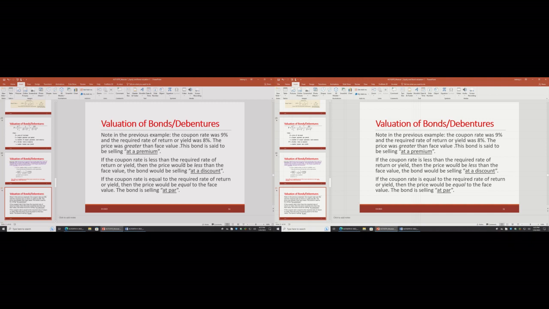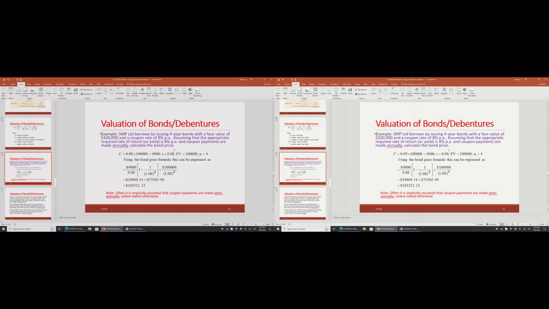But how can we tell whether it's selling at a discount, at par, or at a premium? That's related to the coupon rate and the required rate of return, right? So if the coupon rate is the same as the required rate of return, in this case 8%, then the price is the face value.